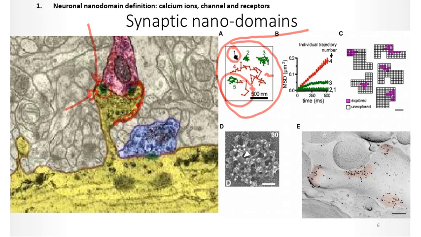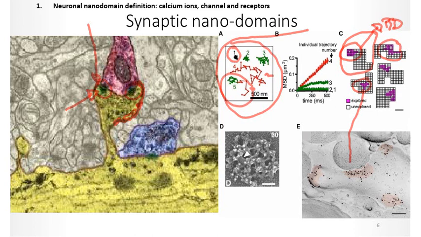But what is interesting is that not all parts of a nanodomain are explored. This represents the surface of the postsynaptic density. What has been found is that not every part of the postsynaptic density is explored by trajectories, but only a small part of it.